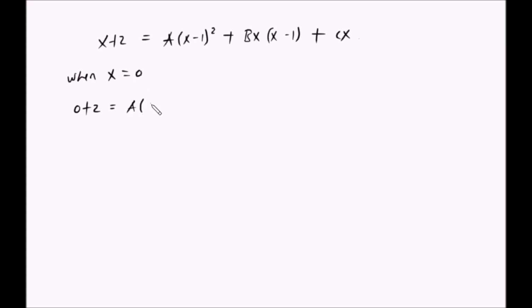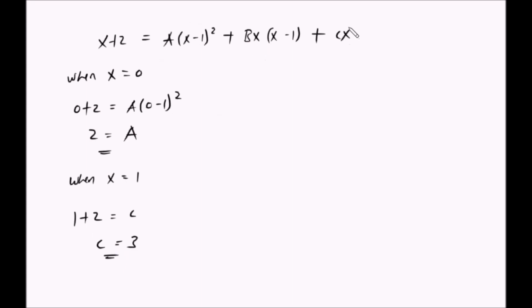So it will be 2 equals a. So there's a. To get c, I can just put x equal to 1. Then 1 minus 1 is 0 and goes away, 1 minus 1 is 0 and goes away. Here I remain with c times 1, which is c, and 1 plus 2 is 3. So c is equal to 3.